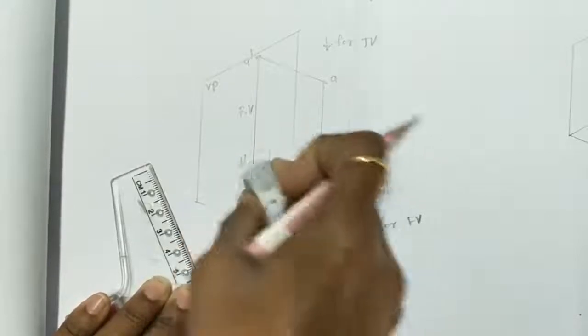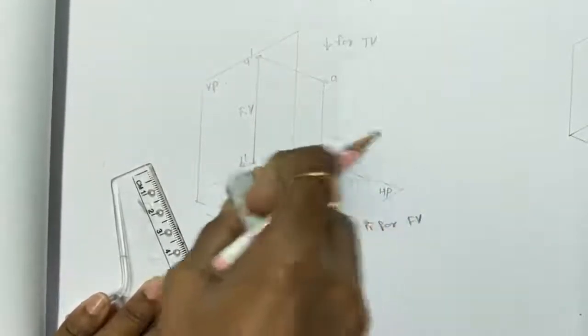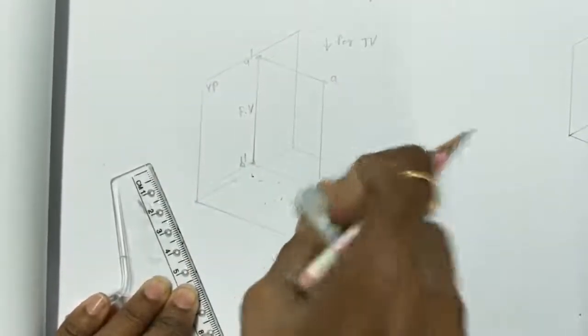For showing point P and Q, do not take projection from the point directly.